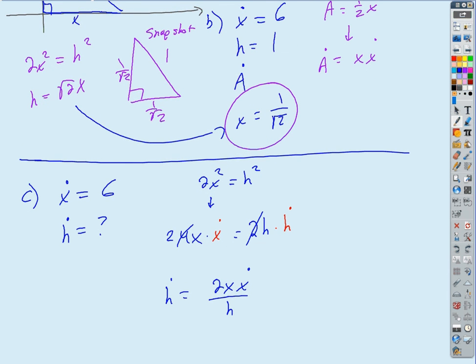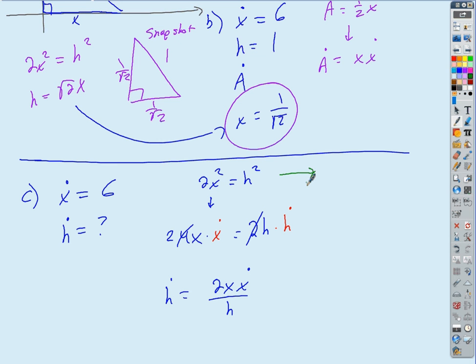What's the problem? I have x dot, but I don't have h or x, do I? Right? What can I do with my parent equation up here, though?